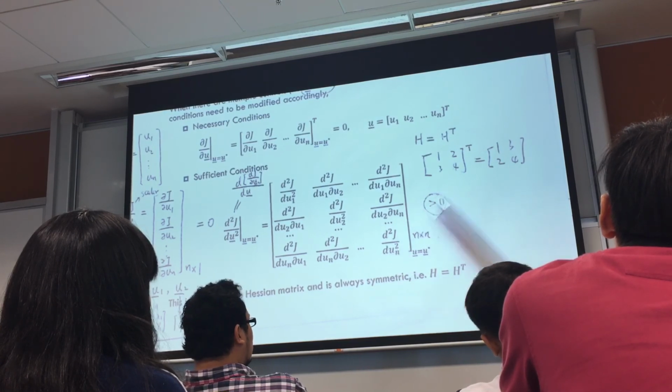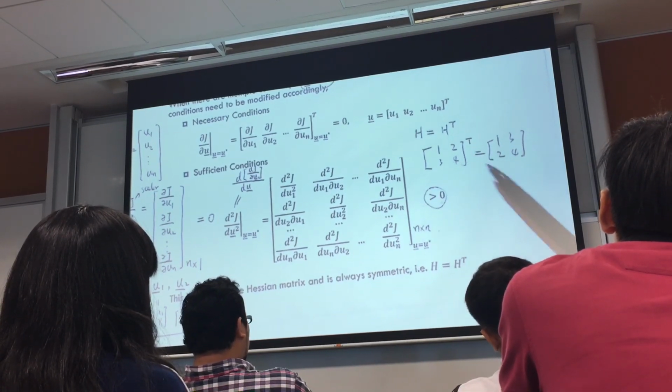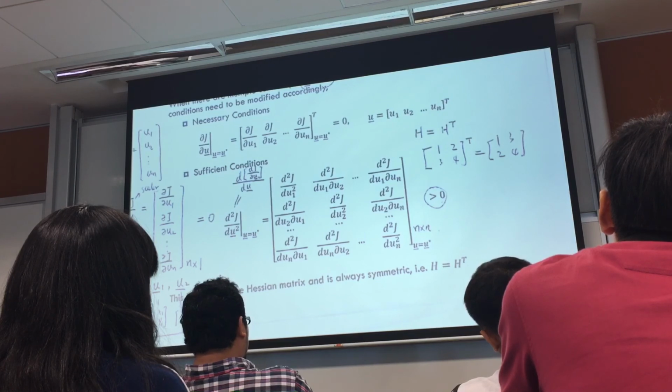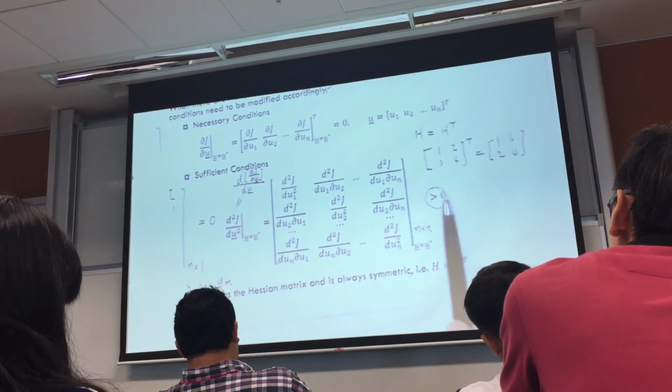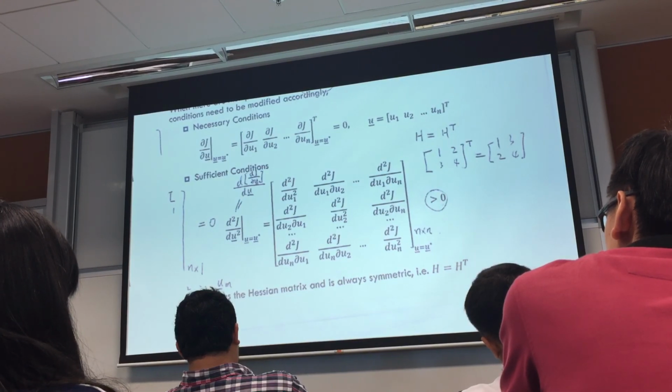So for the symmetric matrix, we can determine whether the matrix is positive or not, whether it's greater than 0 or smaller than 0.